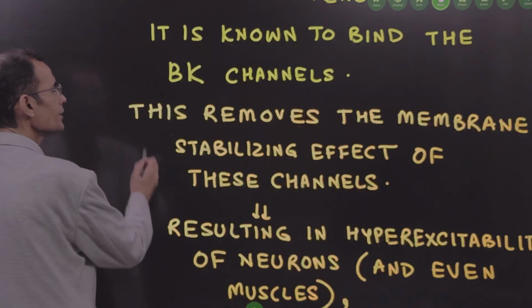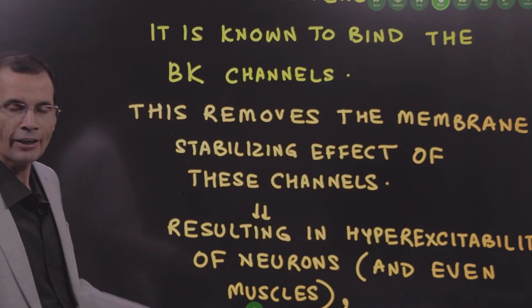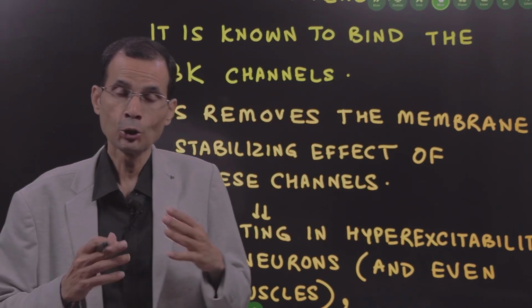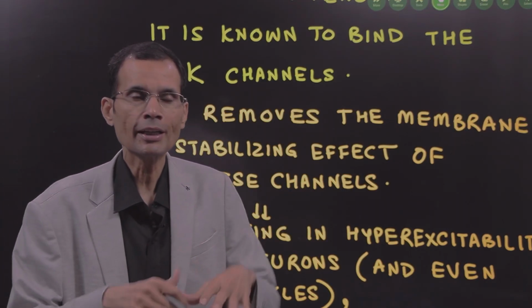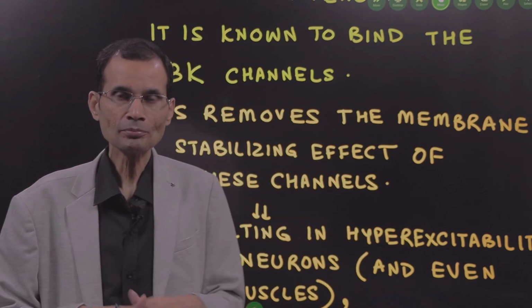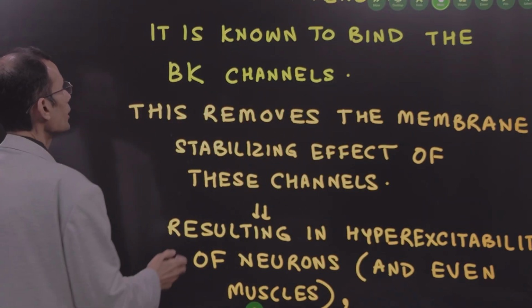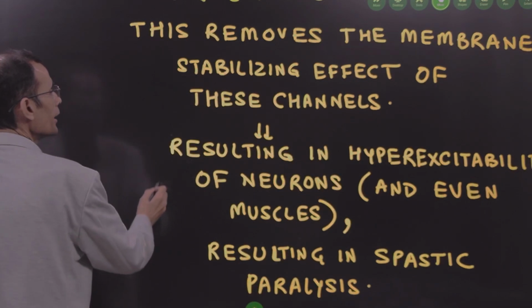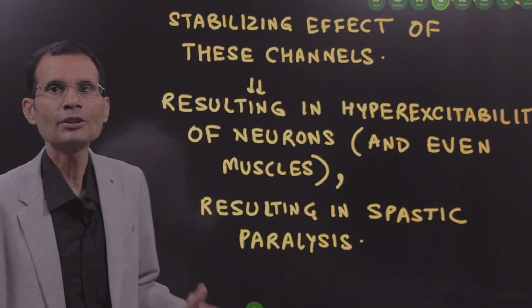So it will remove the membrane stabilizing effect of these channels. Look, this big conductance potassium channel was causing a calming influence on the neurons, isn't it? Now that is prevented by this particular scorpion venom, and therefore it results in hyper excitability of the neurons.